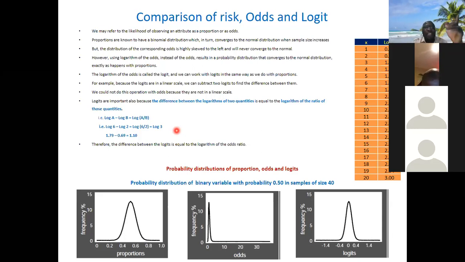So the difference between the logarithms of two numbers is the same thing as the logarithm of the ratio of the two numbers. When we say difference, we are subtracting, but when we say ratio, we are dividing. So logarithm of 6 minus logarithm of 2 is the same as logarithm of 6 over 2, that is logarithm of 3.